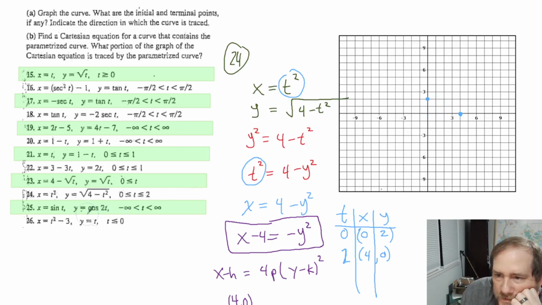Okay, well, whatever. I was about to say something about how I do believe this is our vertex and we would open to the left, but we're not going to get the whole graph anyway because we have this parameter interval that only goes from 0 to 2, and I just plotted all the points from 0 to 2, right? So we should get this as our vertex.